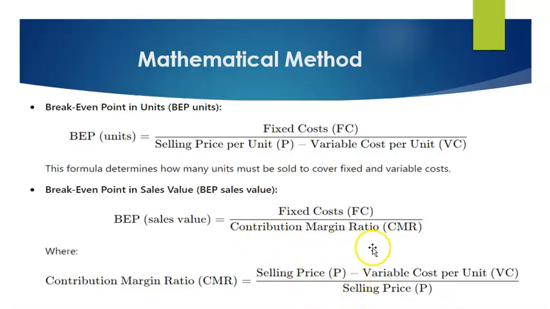So how do you calculate contribution margin ratio or contribution sales ratio? You've seen this formula where contribution margin ratio is equal to selling price minus variable cost per unit, over selling price. What is happening here is that the top part, this subtraction, gives us the contribution per unit. So contribution per unit over selling price per unit will give us the contribution sales ratio or contribution margin ratio.